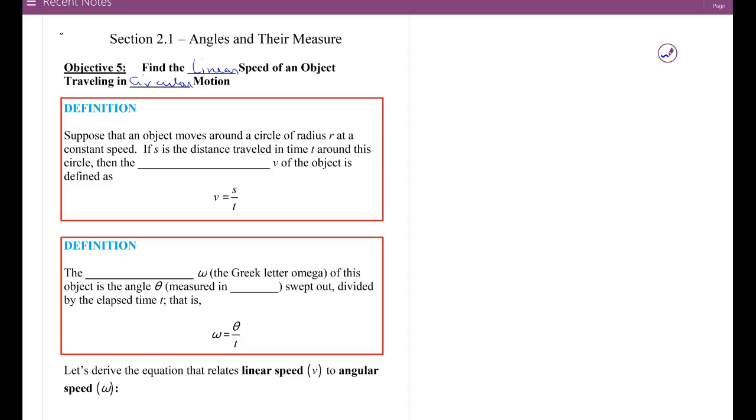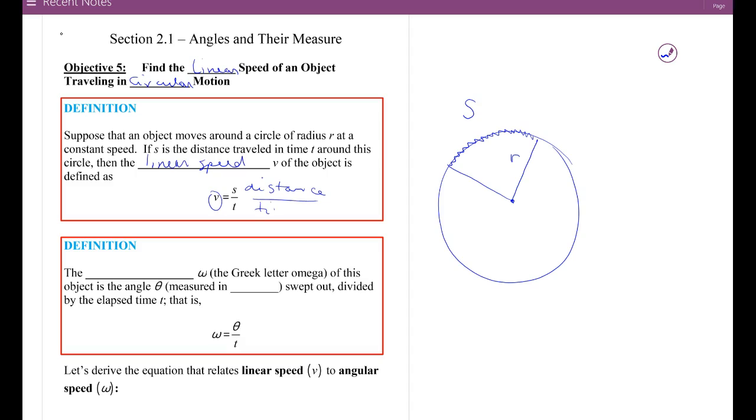So if you're moving around a circle of radius r, and you're going at a constant speed, and suppose s is the distance you've traveled along the circle's edge, then the linear speed, how fast are you running, is called v, and it's going to be s, the distance you traveled, over time.